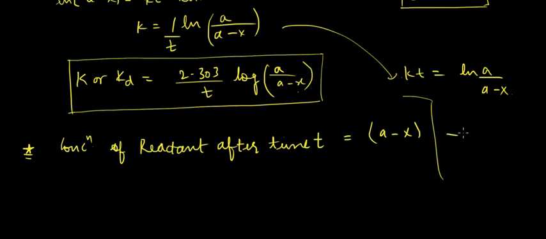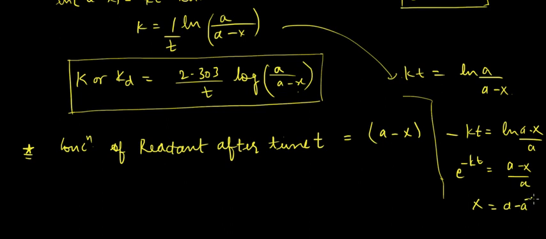So doing some mathematical calculation here, minus kt would be equal to ln (a minus x) upon a, taking the exponential power here. So e to the power minus kt would be equal to (a minus x) upon a. So a e to the power minus kt should be equal to a minus x. From this, x would be equal to a minus a e to the power minus kt. So this would be the value of x.